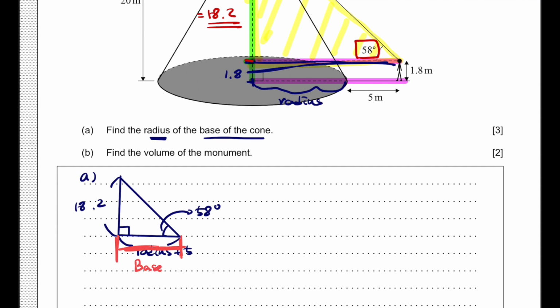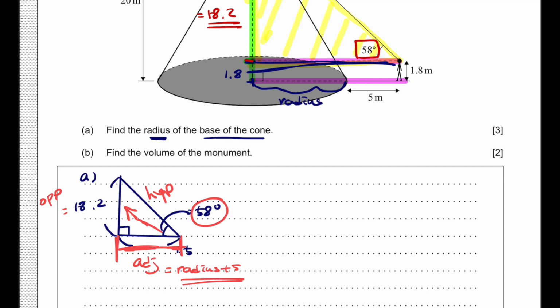Since we are going to use the trigonometric ratio, using this angle as our pivot angle, the side opposite this angle is the opposite side, the neighboring side is the adjacent side, and then we have the hypotenuse. The adjacent side is the radius plus 5 meters.